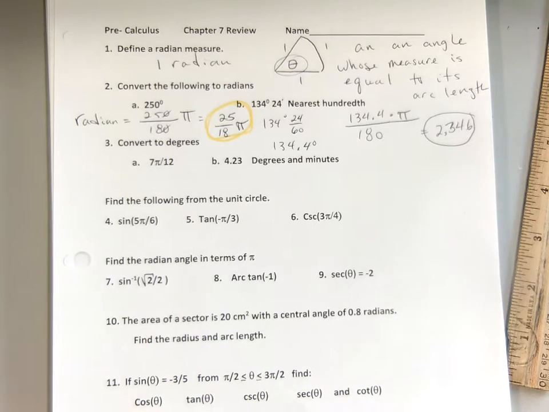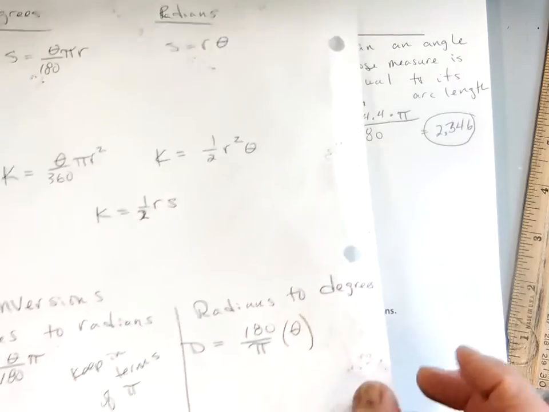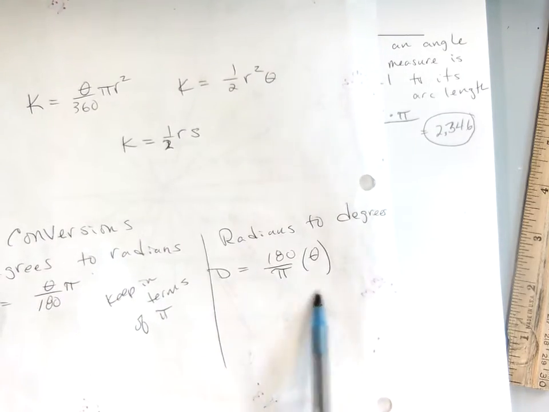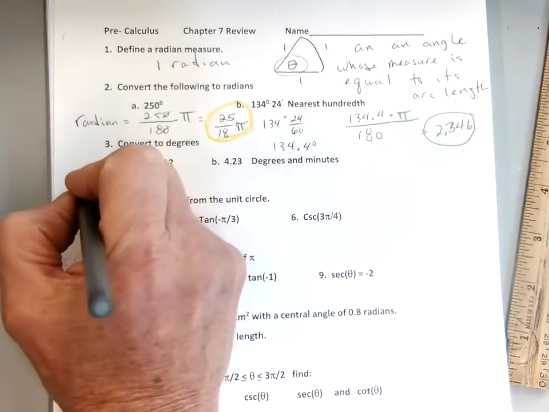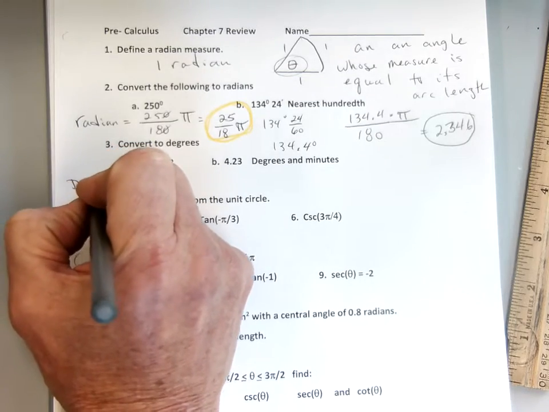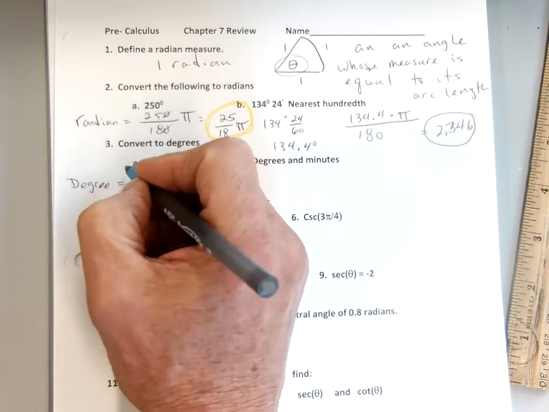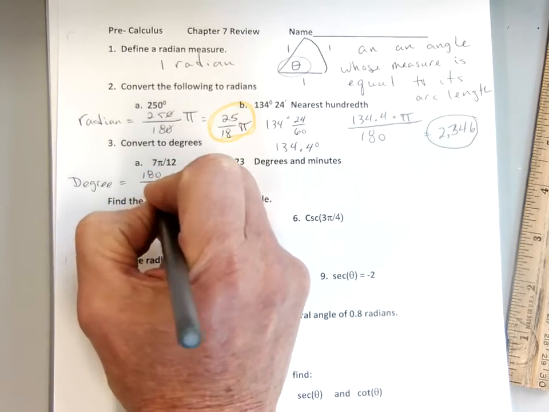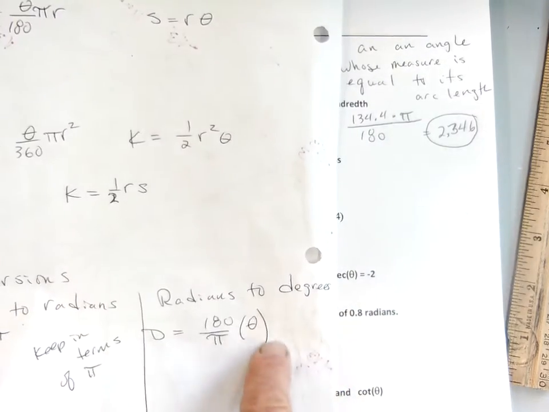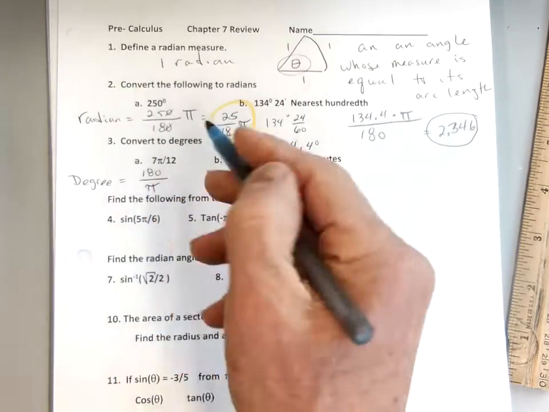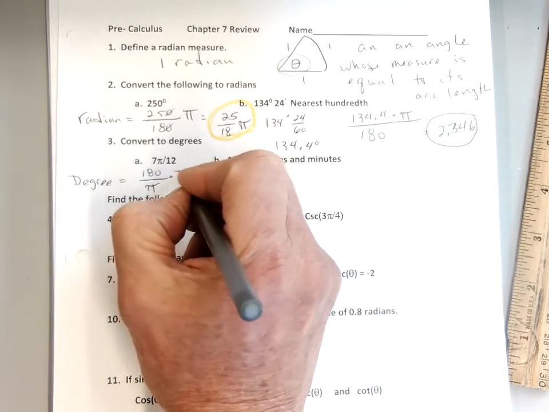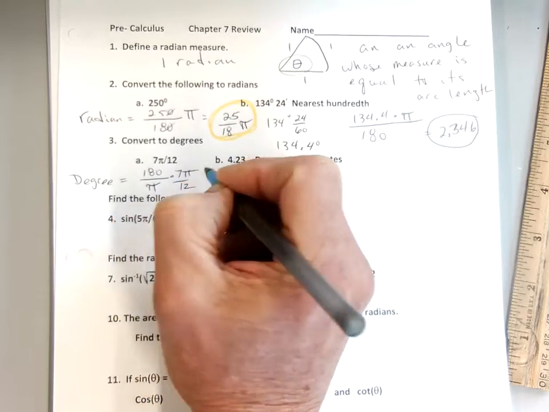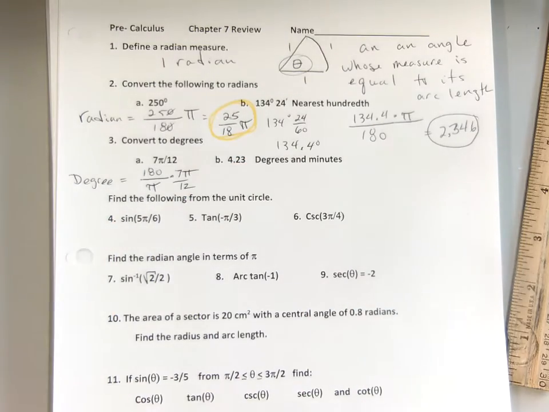Number 3. So if I'm going to convert to degrees, I've got my formulas. I'm going to use this one, radians to degrees. So my degree is equal to 180 over pi times my angle. My angle is my 7 pi 12ths. This one's kind of easy because things are going to cancel. I like that.